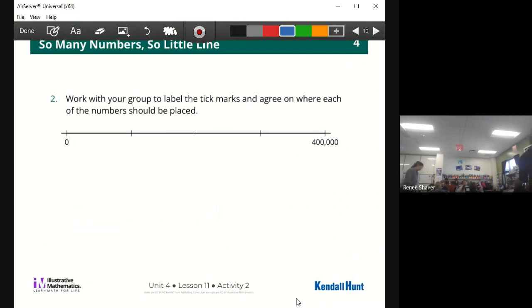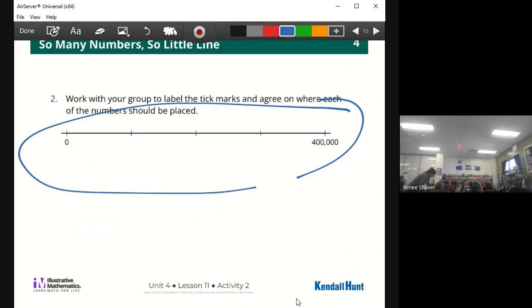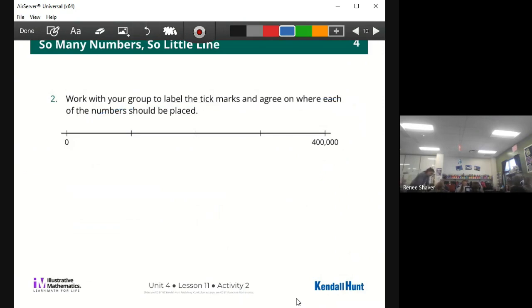So after you do number 1, you're going to work with your table, guys, and you're going to put all 4 numbers on that one number line. Make sure you guys agree where those numbers should be placed.